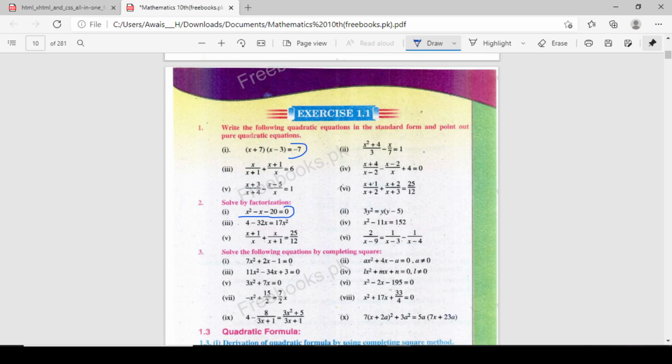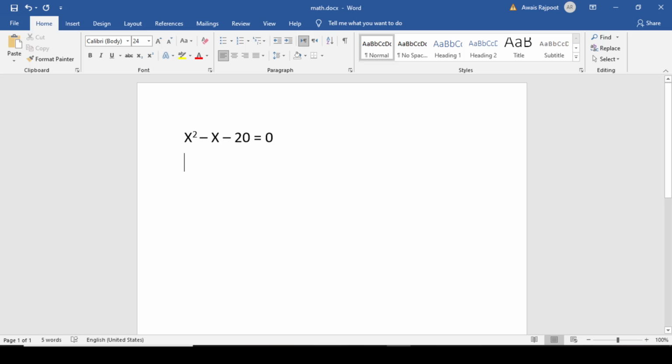You can see the question is solved by factorization. We can factorize this equation, and I will solve it very easily so you will understand better.